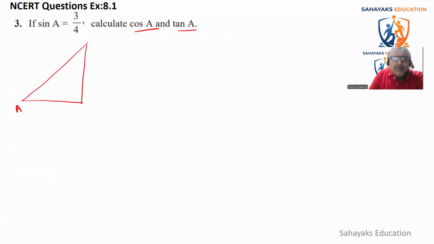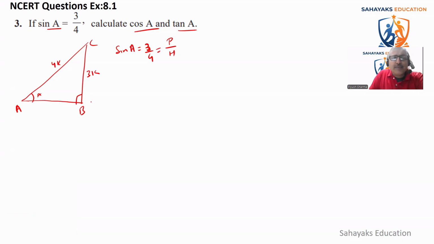I'm taking A here because it's mentioned as sin A. We'll consider B and C. This is angle A. We know that sin A is equal to perpendicular divided by hypotenuse, right? So I can say that the perpendicular is 3K and hypotenuse is 4K.